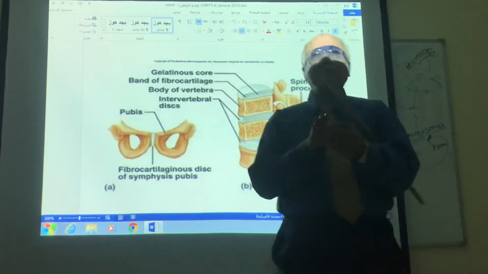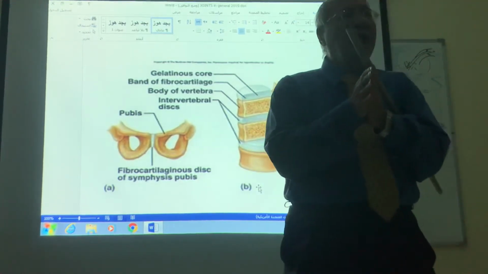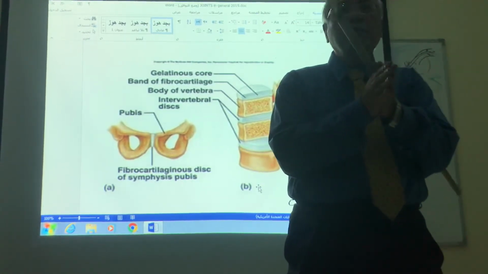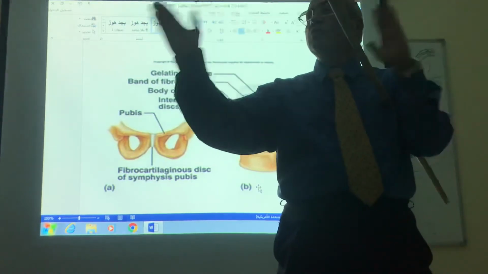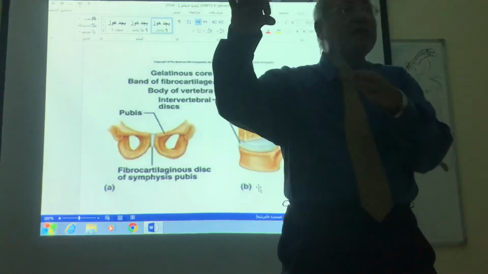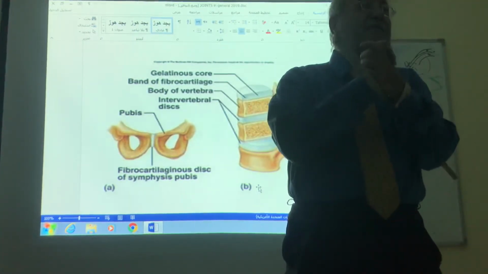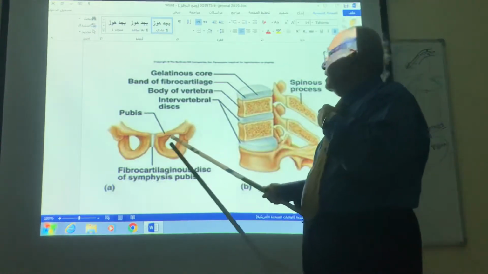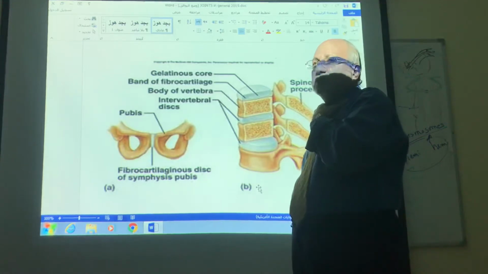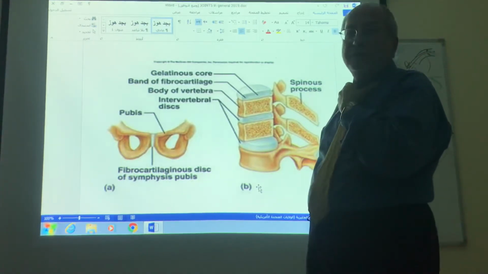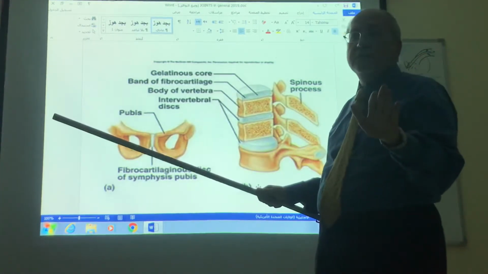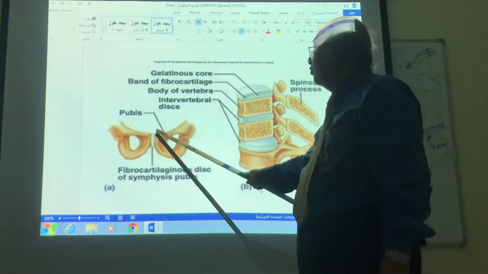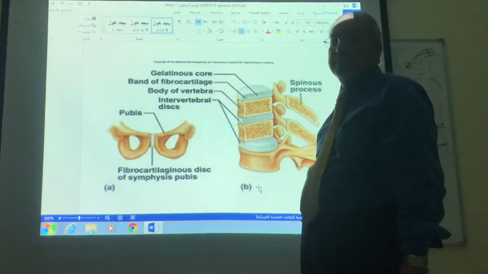This means that there is a ligament in front and a ligament behind the joint, passing from one bone to the other, fusing in the middle with the white fibrocartilage. In this type of secondary cartilaginous joint, is there any movement? No movement. Therefore, it is a false joint.